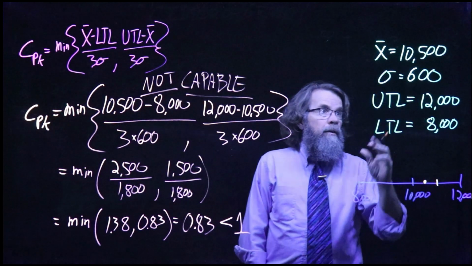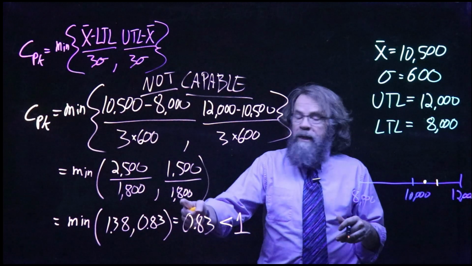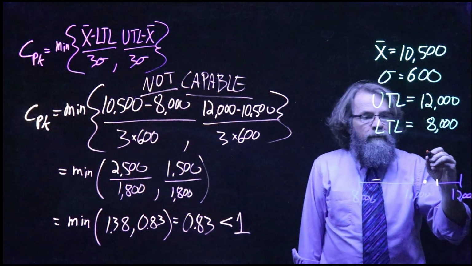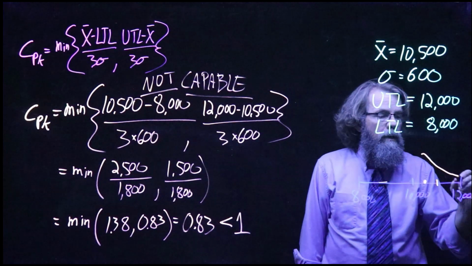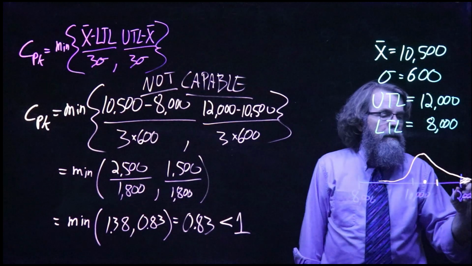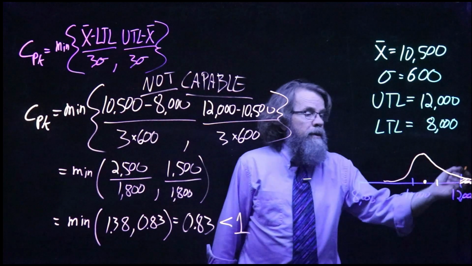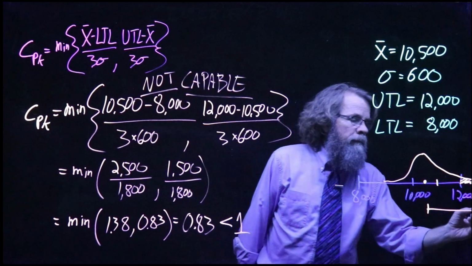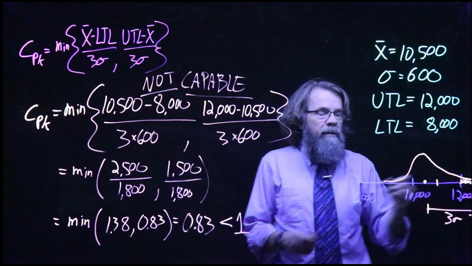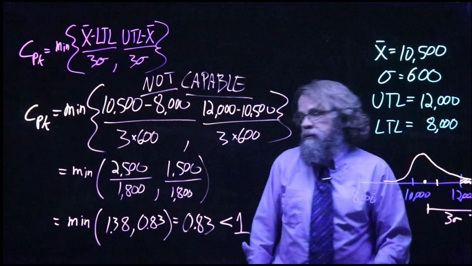And if we look at how big 3 standard deviations is, 1,800, that's going to take us past 12,000. I can't draw a standard deviation to save my life, but the problem is 3 standard deviations up from the average takes us past the upper tolerance limit of our customers.